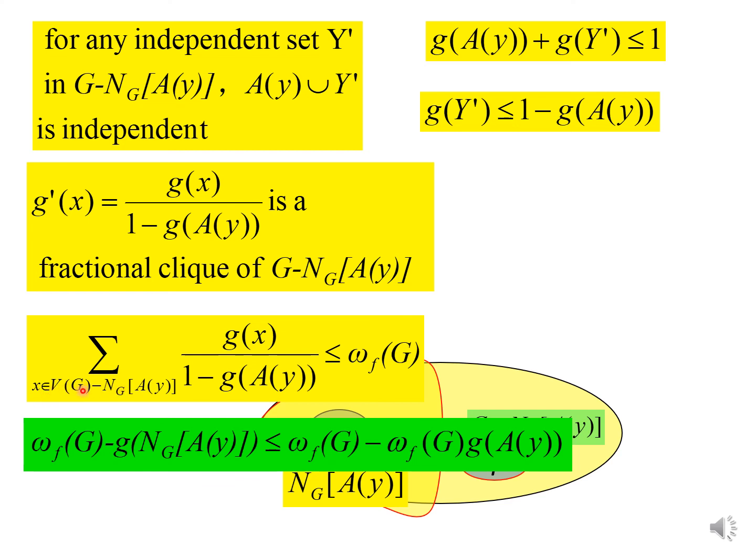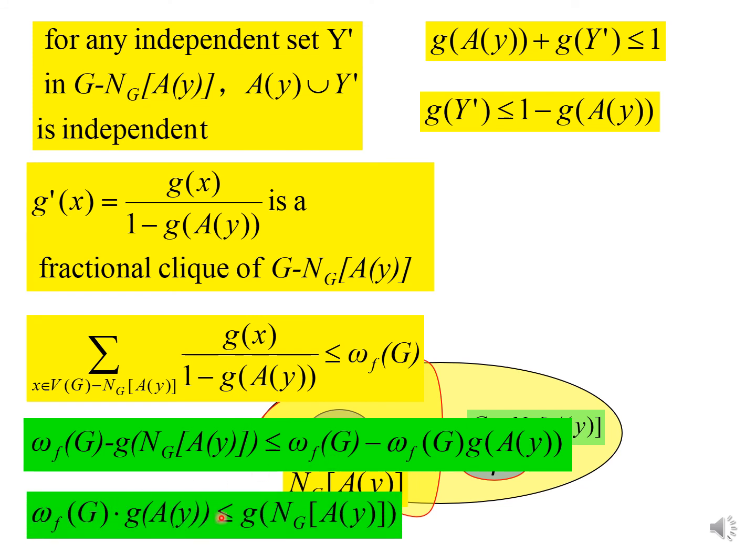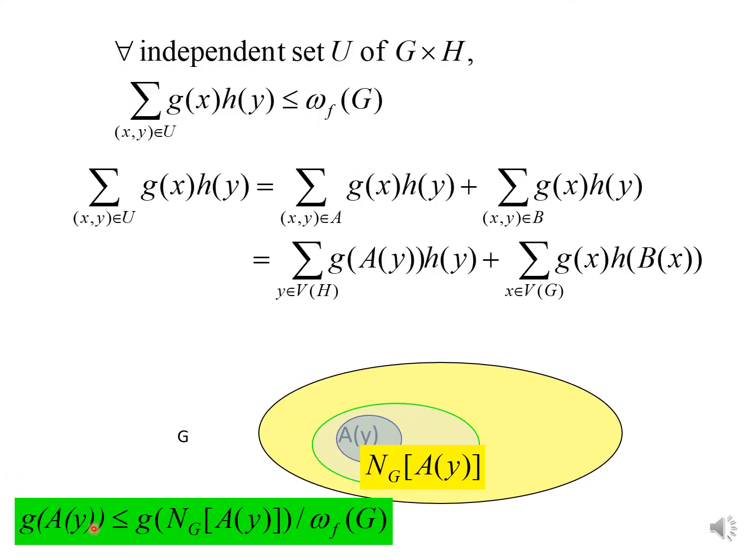So that means the summation, the weight of all the vertices in G, that is the fractional clique number of G, minus the weight of this set. If you cancel this fractional clique number of G from both sides, I get this inequality. And if you divide both sides by this fractional clique number of G, this is the claim I wrote here. So this claim is proved.